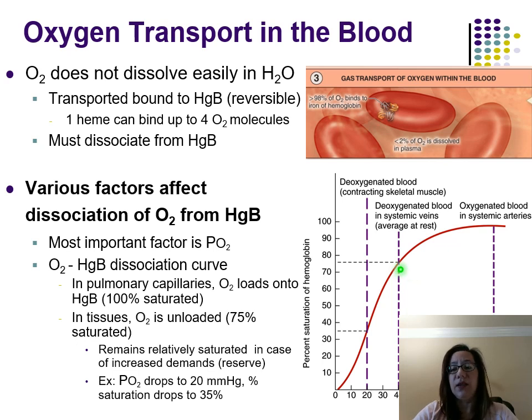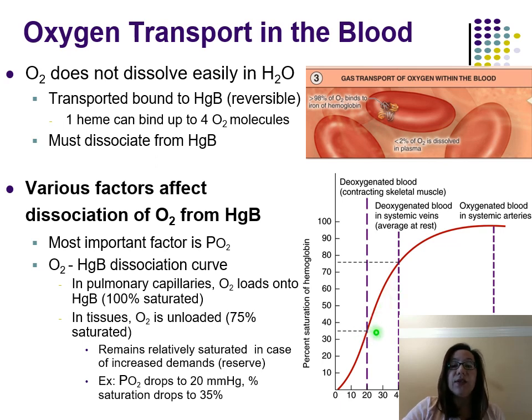Now that's at rest. What if there's an increase in the metabolic demands of the body, such as exercising or running? The cells need more oxygen. And luckily, blood cells have a reserve of oxygen because they are still 75% saturated. So let's say they go through skeletal muscle, which needs more oxygen.